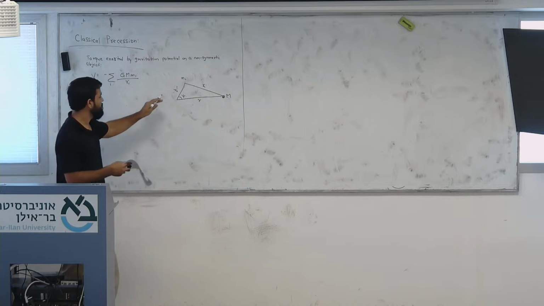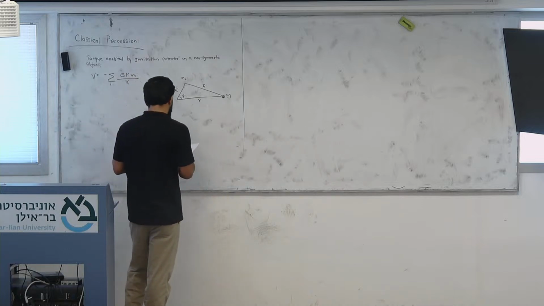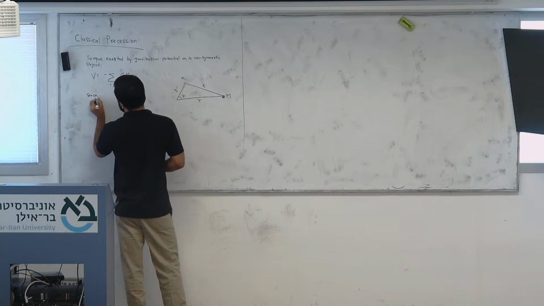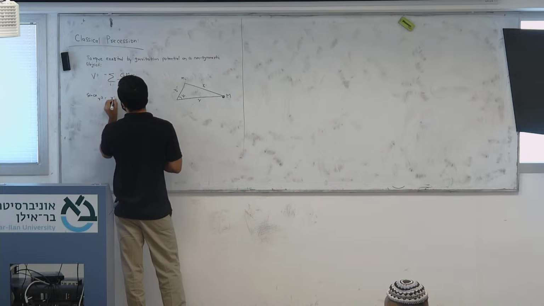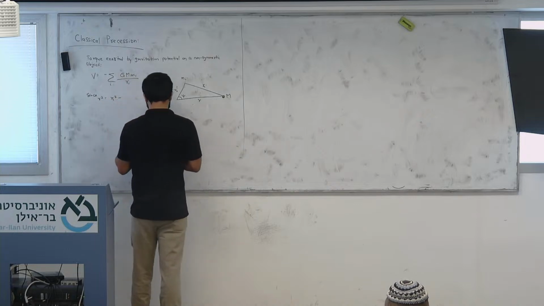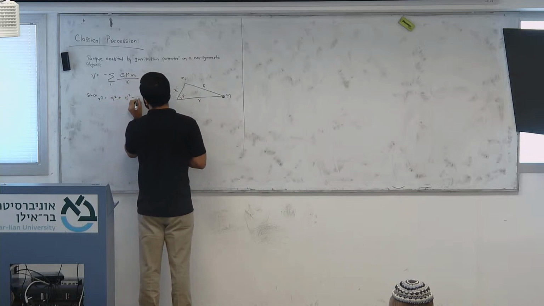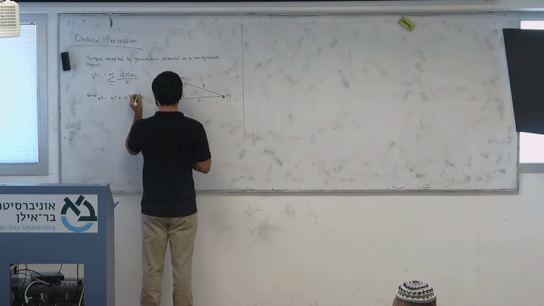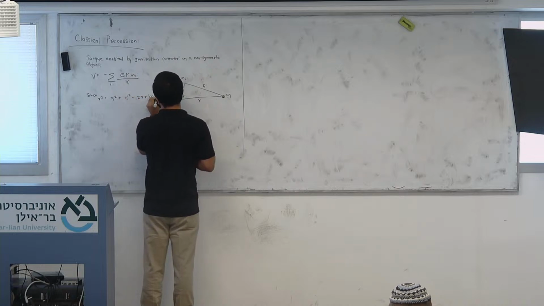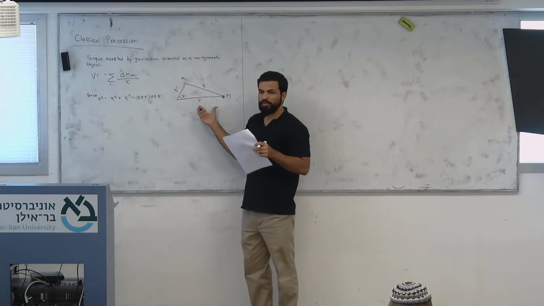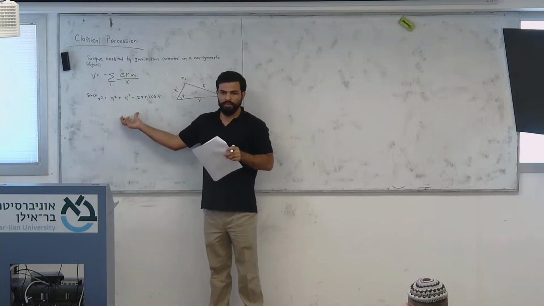If you look at it carefully, I can write Ri square equals r square plus ri prime square minus 2 r ri prime cosine of angle psi. From this geometry I can write this.